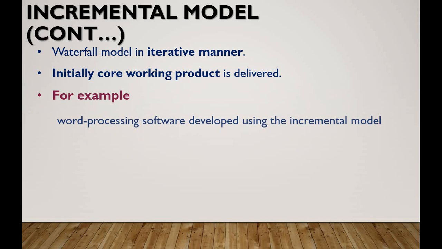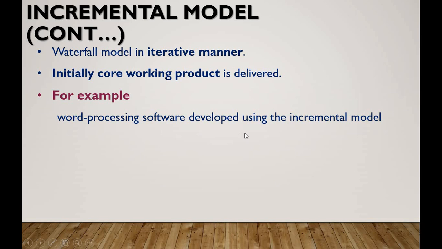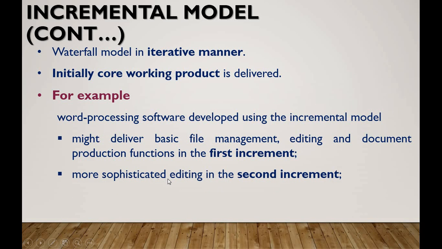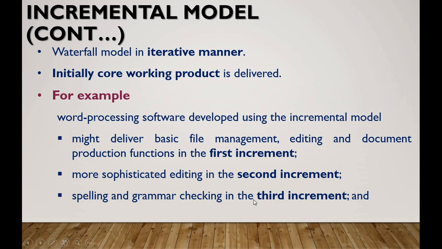For example, if we are generating word processing software, meaning software in which we can write, check spellings, and lay out our page. For that type of project, if we choose the incremental model, then we might deliver basic file management, editing and document production functions in the first increment, more sophisticated editing in the second increment, spelling and grammar checking in the third increment, and advanced layout capability in the fourth increment.